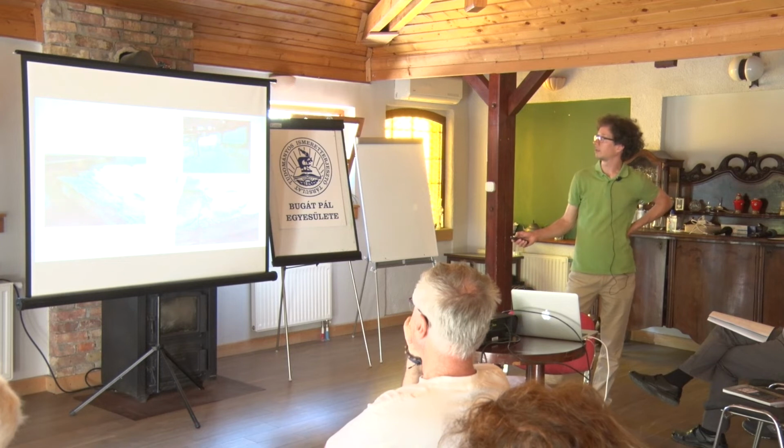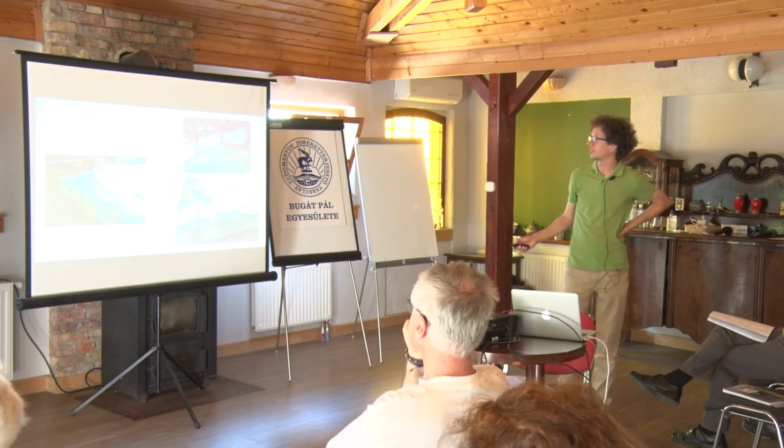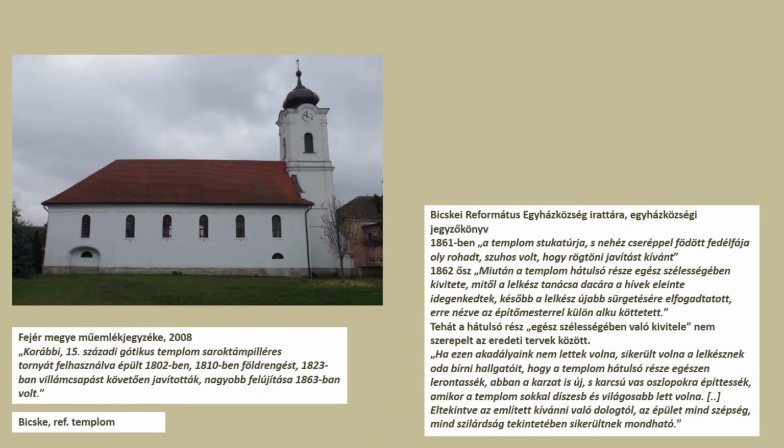Now, below the eastern part, we found older walls, where we also found the place of a window which was walled up. Actually, they wanted to pull back the complete back part of the church. This is what you can see here. On the eastern side, at the lower part, the walls are a lot thicker than in the other parts.